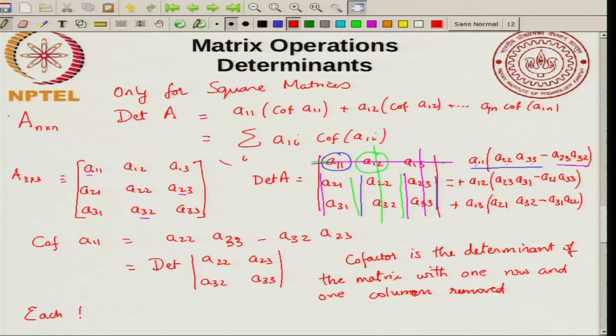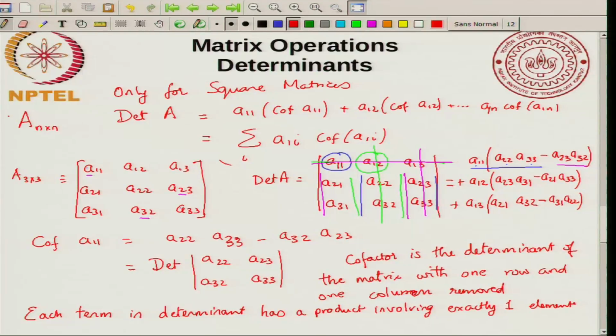Each term in a determinant has a product involving exactly one element from each row and each column.